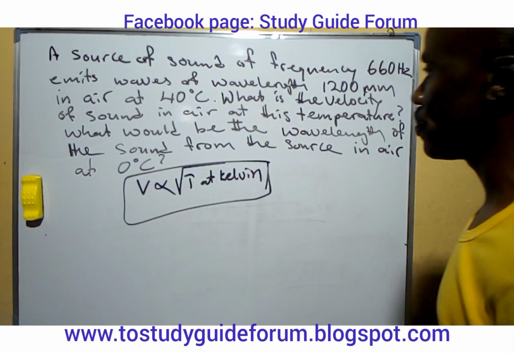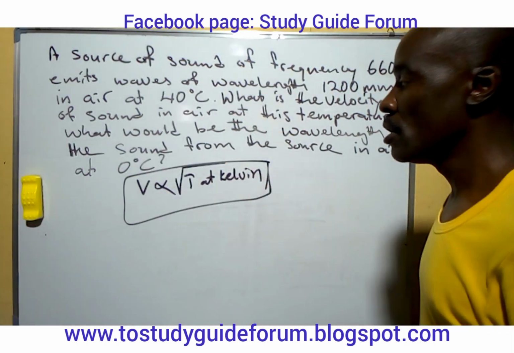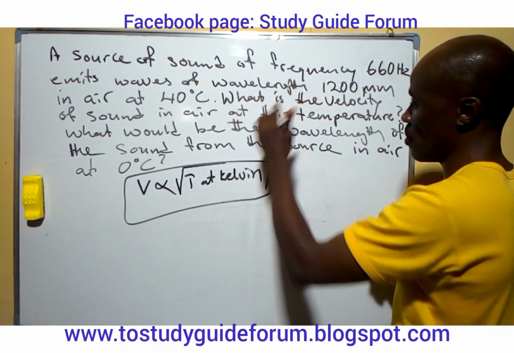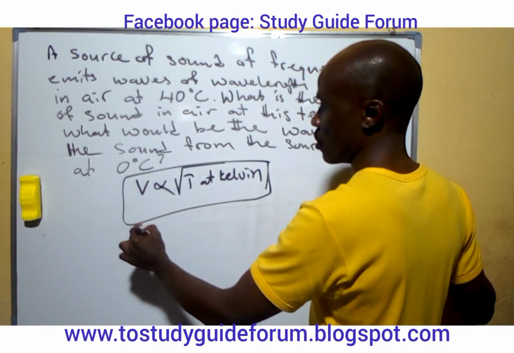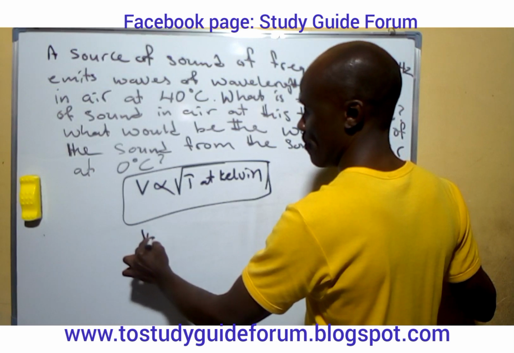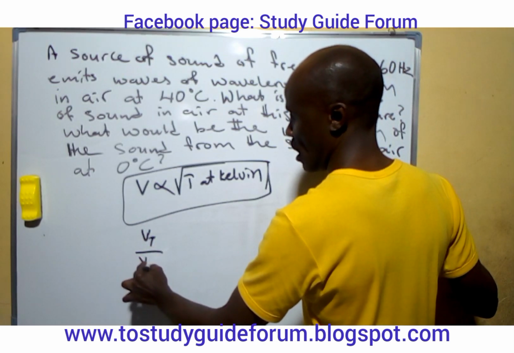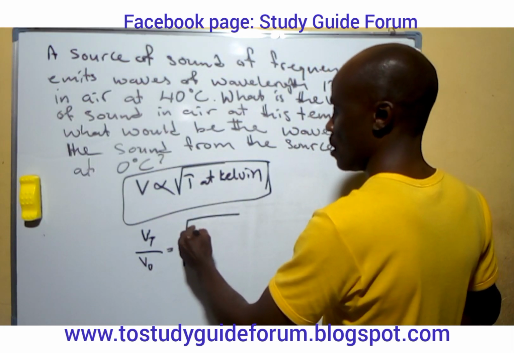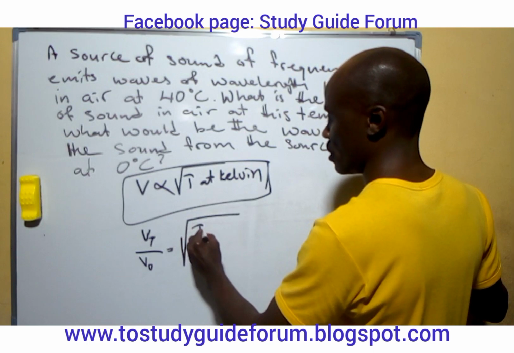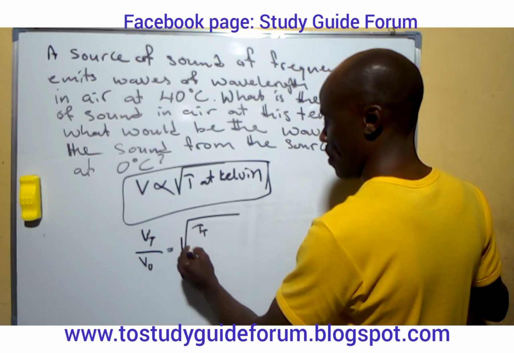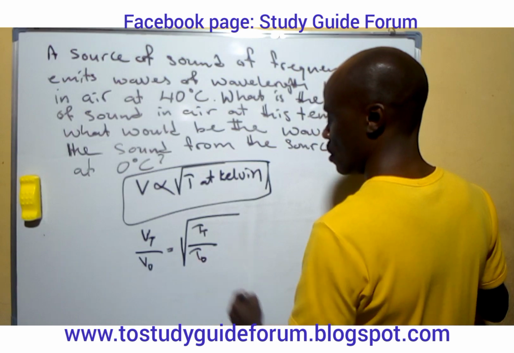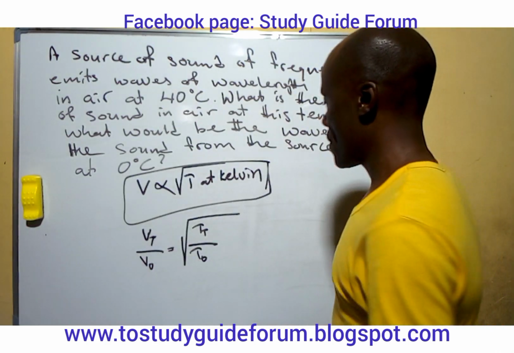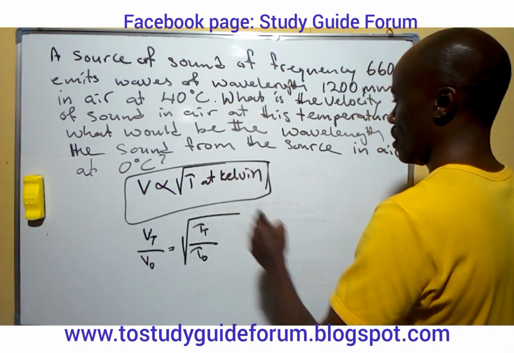With this relationship, we're going to compare the two velocities. Since velocity is directly proportional to the square root of temperature, the velocity at the temperature over the velocity at 0 equals the square root of the temperature over the square root of the 0 temperature.